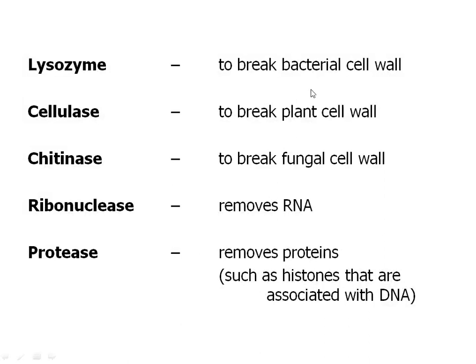To obtain the DNA from bacteria, the bacterial cell wall can be broken by using lysozyme, and the plant cell wall can be broken by using the enzyme cellulase. To obtain the DNA from fungus, the fungal cell wall can be broken down by the use of the enzyme chitinase. In order to obtain the DNA from animal cell, one can use chemical, physical, mechanical disruption methods. Ribonuclease is used to remove any contaminating RNA. Protease is used to remove proteins such as histones that are associated with DNA.